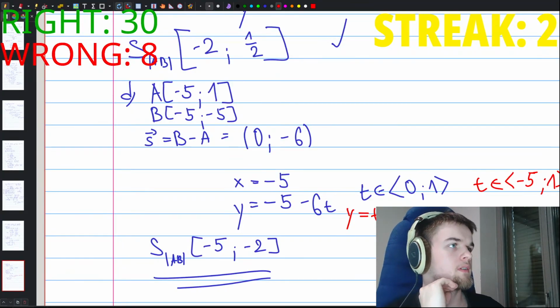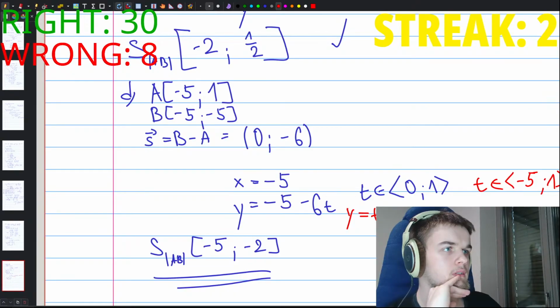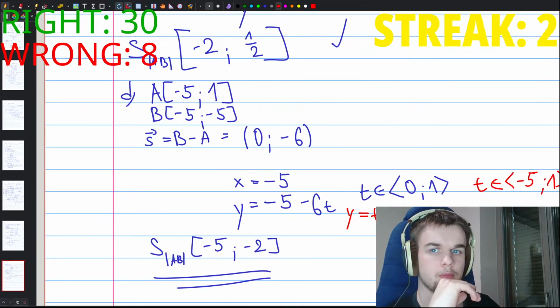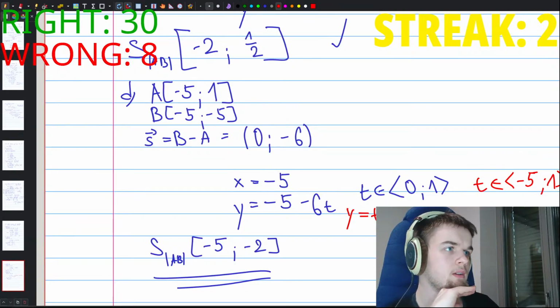So they provided the correct result, yes, but it seems very confusing. Like you have to adjust the range of the parameter, which they okay.